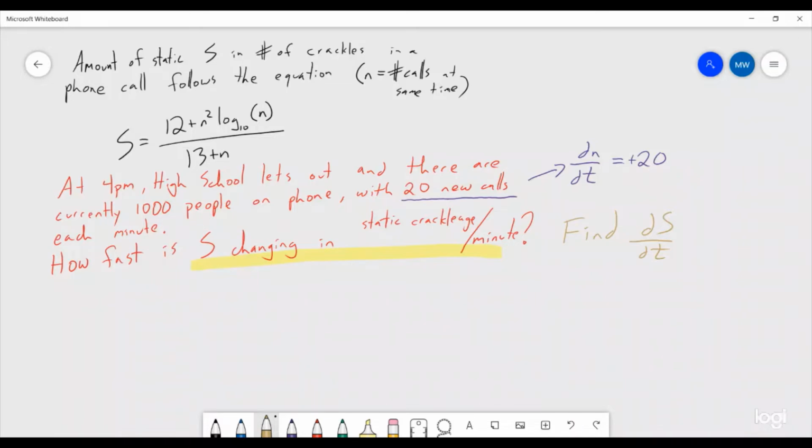Well, we have an equation for S, so that means we can say dS/dt is equal to the derivative of that function. How do we find the derivative of that? You guessed it, the quotient rule. So we got low d high: 13 plus N times the derivative of the top.